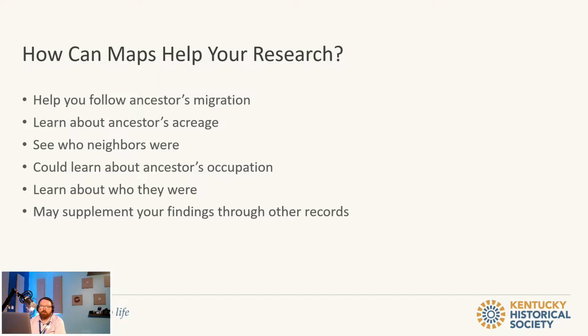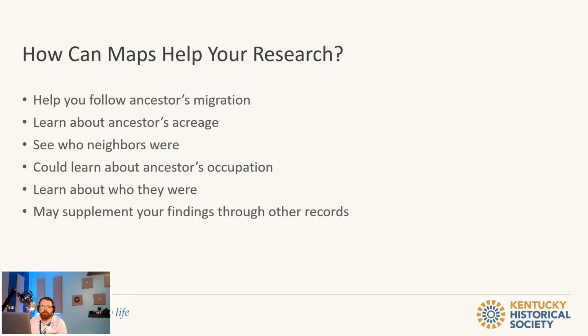It just helps you learn about who they were. A lot of these different types of maps, you learn who they're living around, what they do, what they own, if they're near any types of natural resources like rivers or mountains.